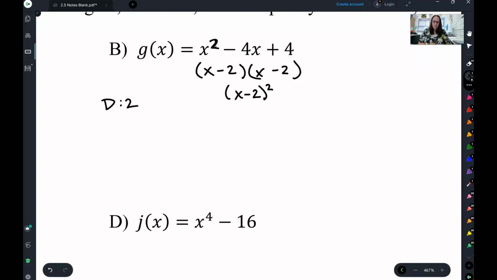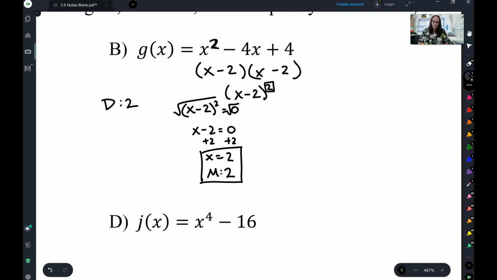That's my biggest exponent. If I set my factor equal to 0 and solve, I get 1 x-intercept at 2. But this x-intercept has a multiplicity of 2, because that's the exponent on the factor.